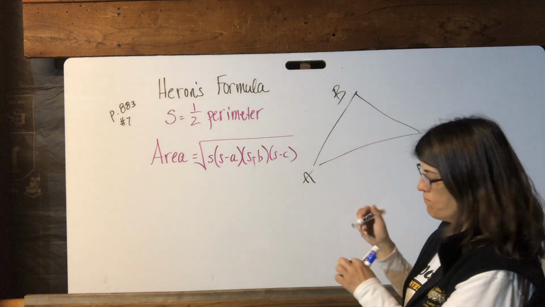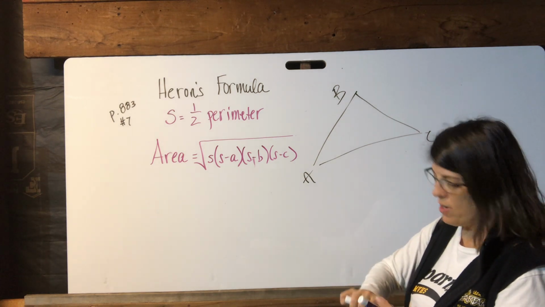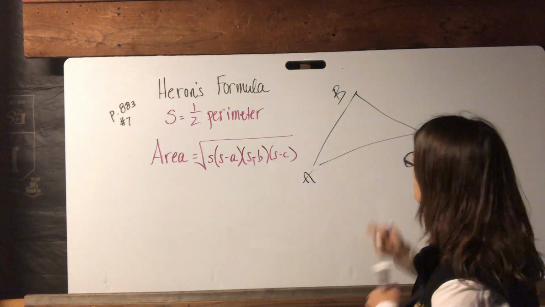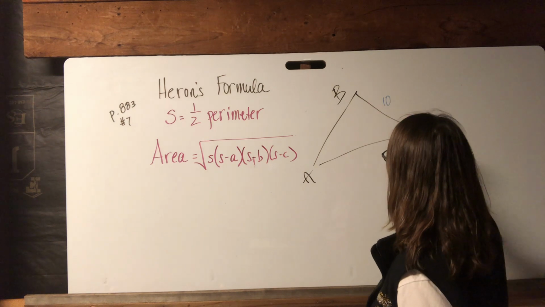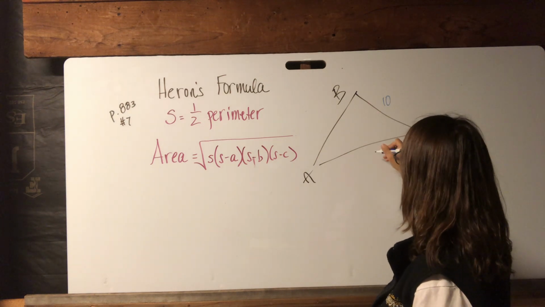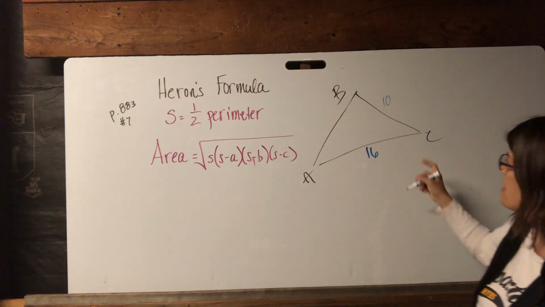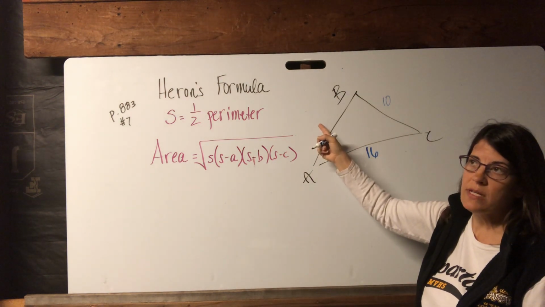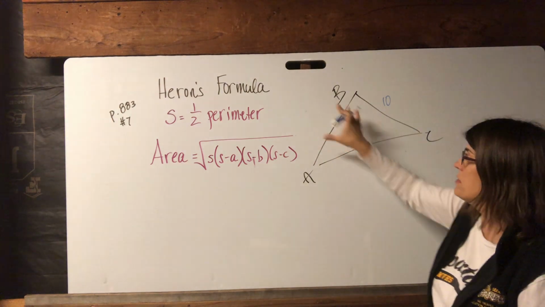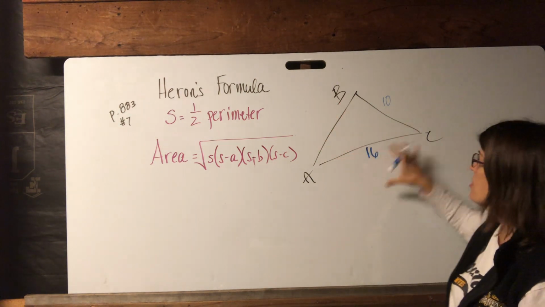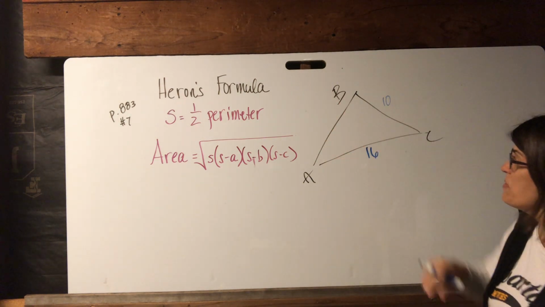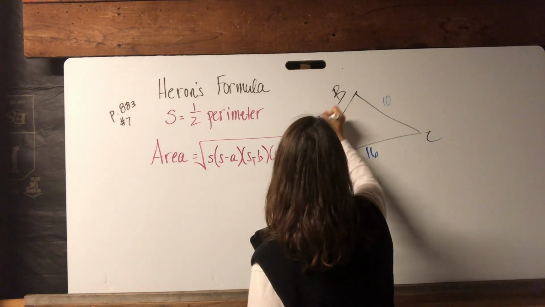So if I give you ABC, let's say A is 10, B is 16. Okay, side C must be greater than 26. Triangle inequality theorem, the length of one side has to be greater than the sum of the other two sides, so it's got to be more than 26. How about 31?